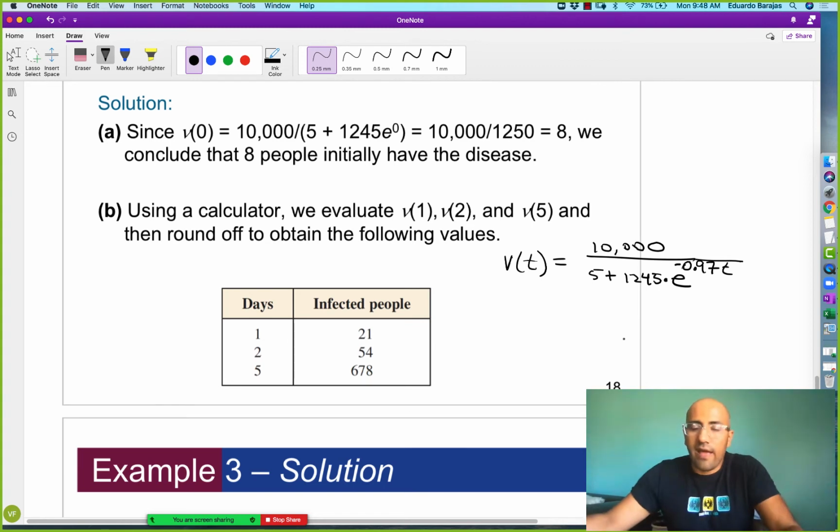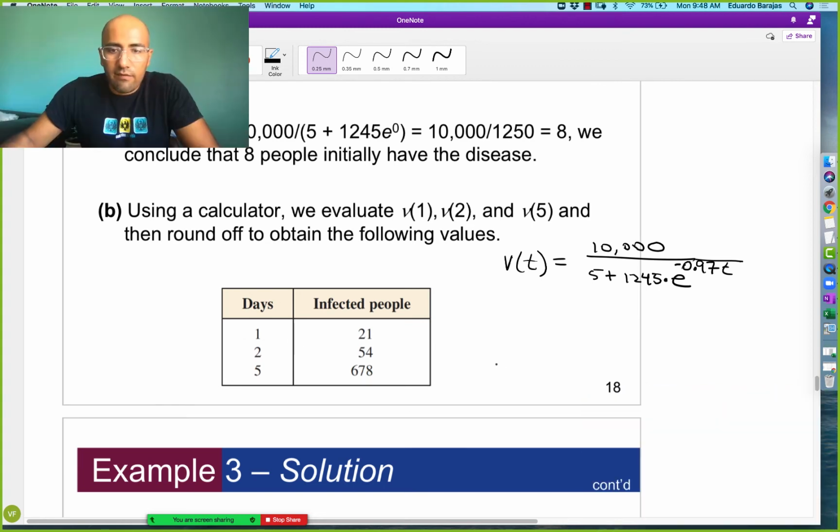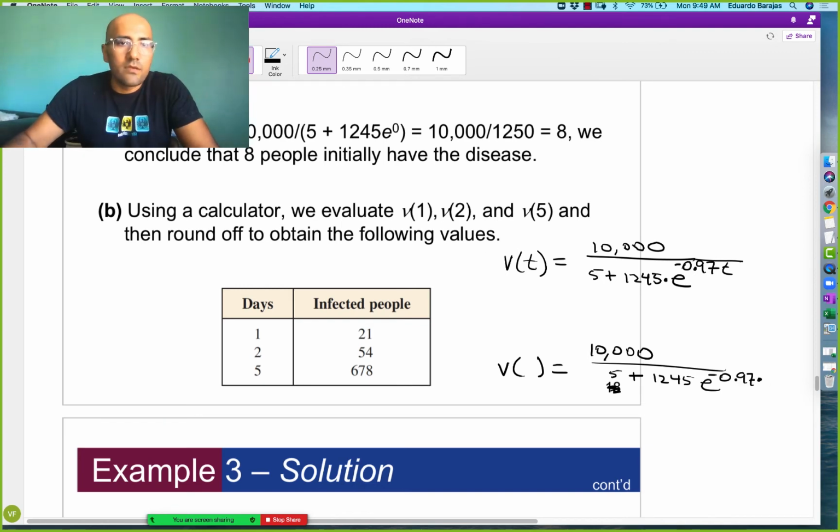So let's just do it for 5, for example. So V of 5 is going to be 10,000 divided by 5 plus 1245 times e to the power of negative 0.97 times 5.